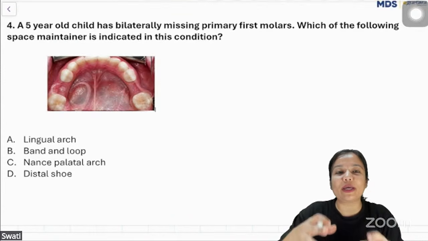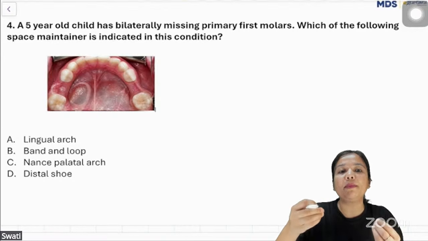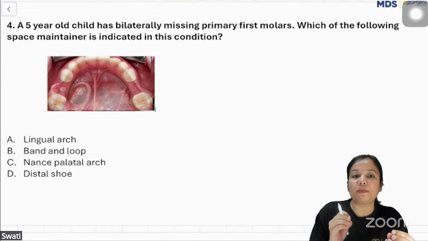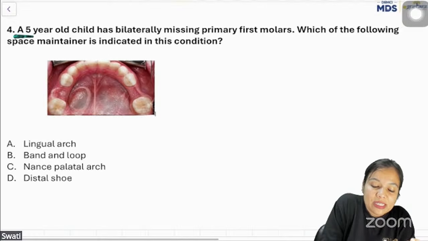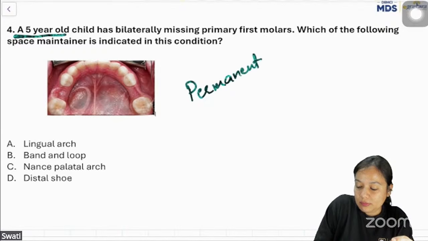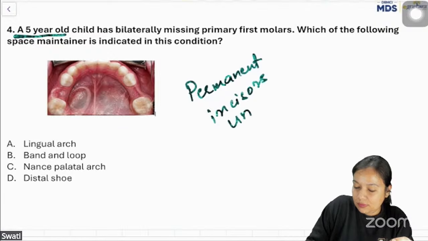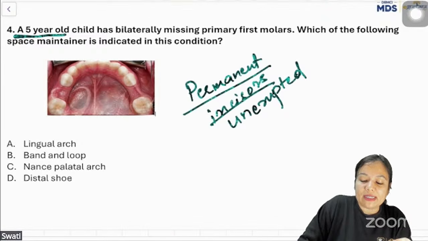So there was this question where they had given a mandibular arch where 2 primary molars were missing. And they had asked what type of space maintainer must you give there. Because they had given the age as 5 years old, that means the permanent incisors are unerupted.